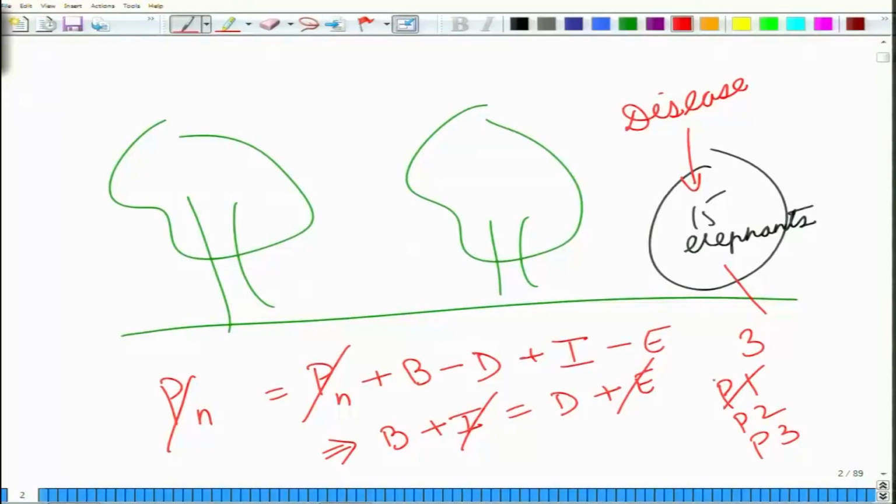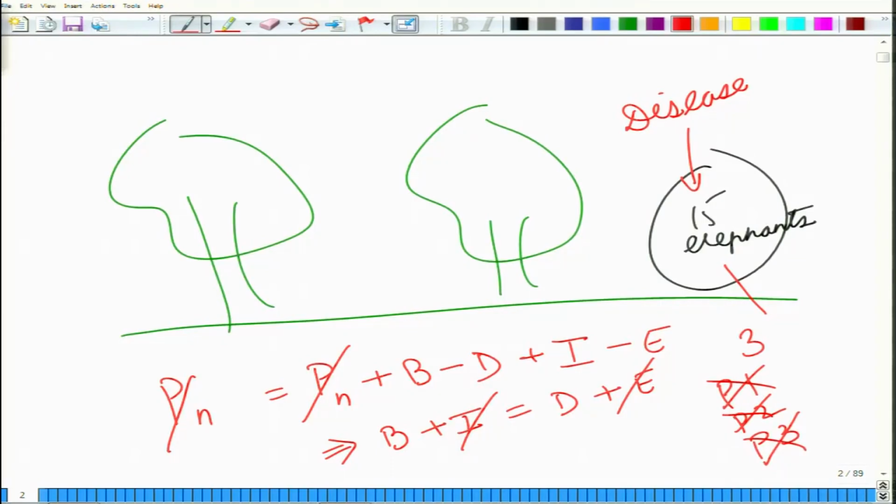So you kill off all the parasites once, and probably these calves are still dying off. Then you can say that parasite 1 was not responsible for the high juvenile mortality that we were seeing here. Probably you remove the second parasite, again nothing happens. Then you treat for the third parasite, and then suddenly you see that the calves are not dying.